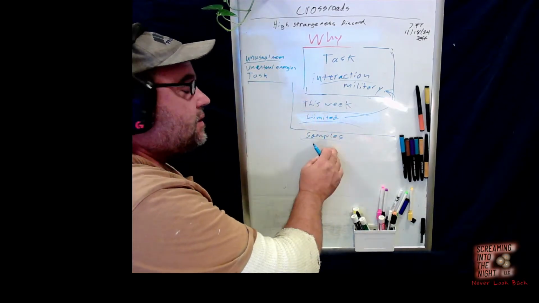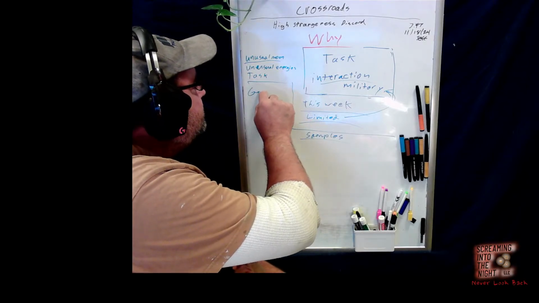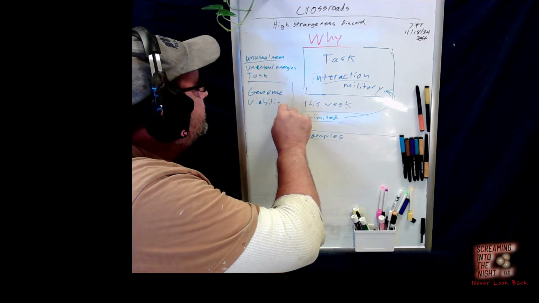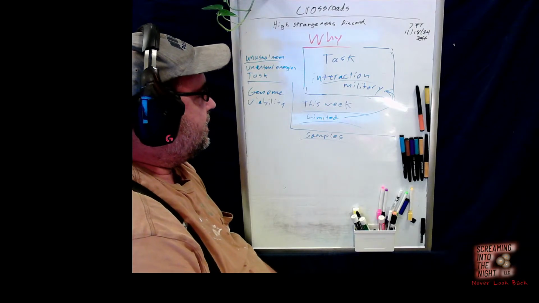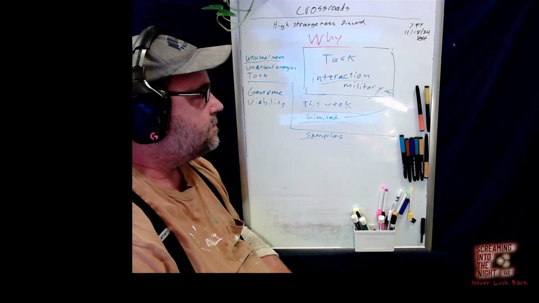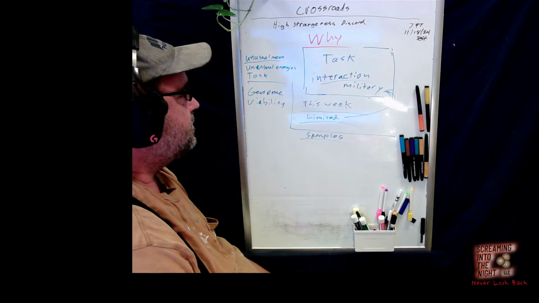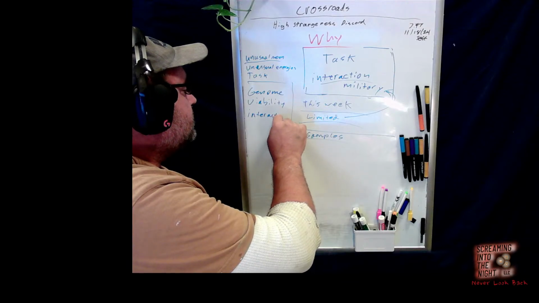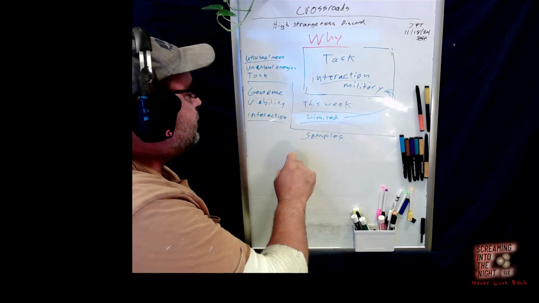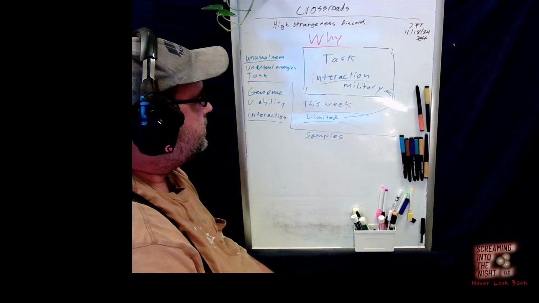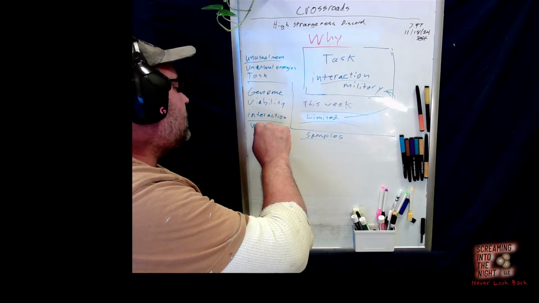So as far as the sample goes, all I'm getting is genome viability, and interaction, and warning.